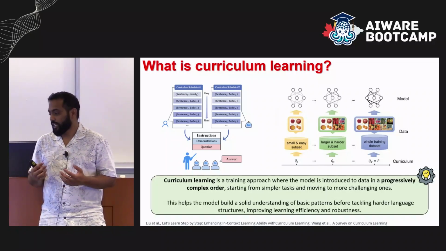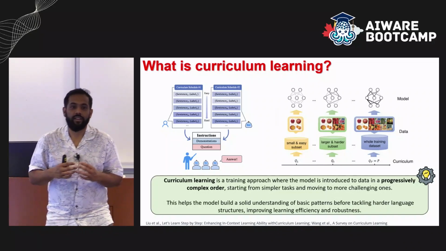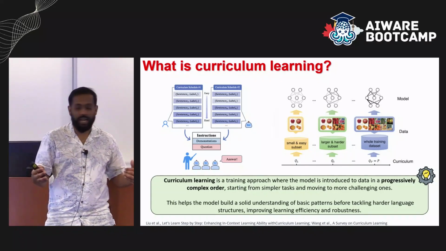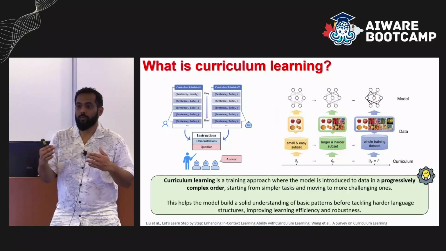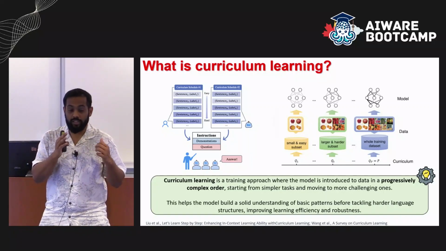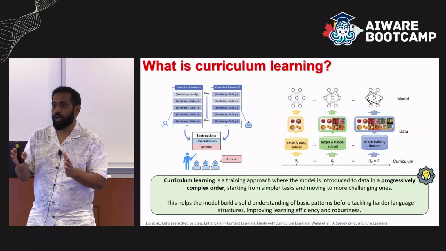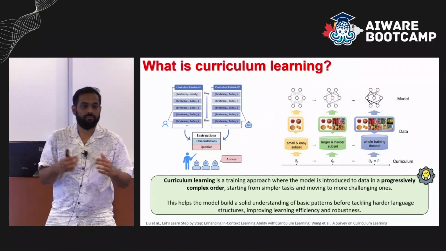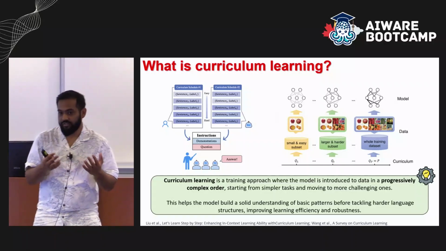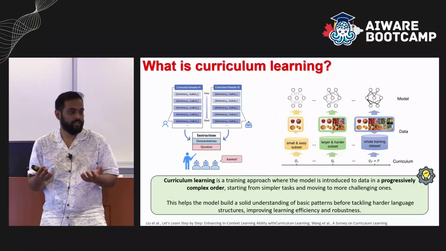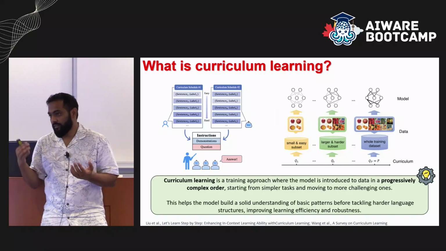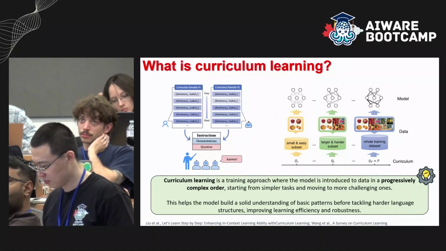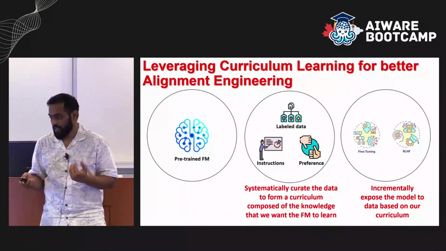So the idea of curriculum learning is to have some sort of progressively complex order with the data that you have, and expose the complexity of the data to your model in a progressive fashion, similar to how we learn, where we first learn the basics and then we solve advanced problems. Learning the basic patterns first improves the learning efficiency and robustness.